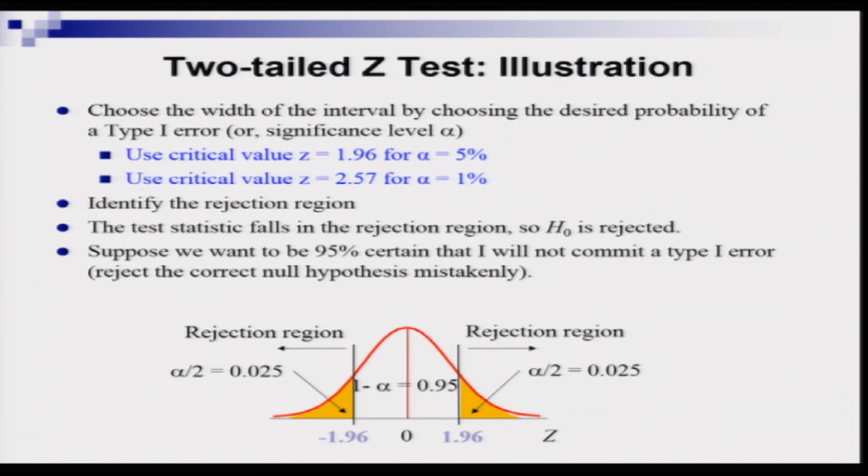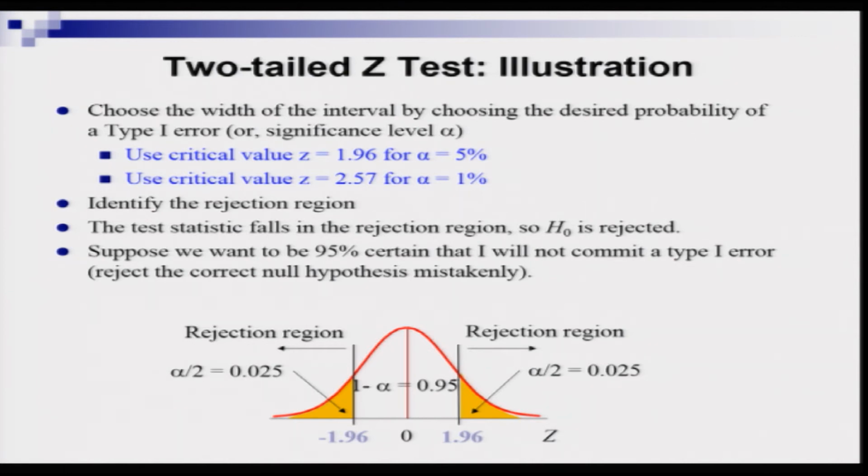So, you split it half and half, and you see that here on the z axis I have marked the critical values minus 1.96 for the left tail, and plus 1.96 for the right tail. If you draw vertical lines at these two critical values, then the rejection regions are clearly marked.